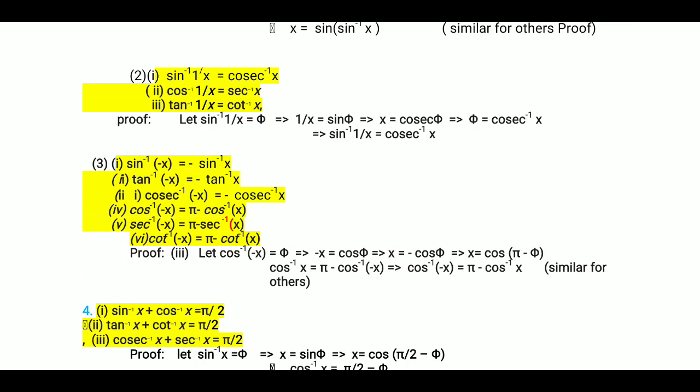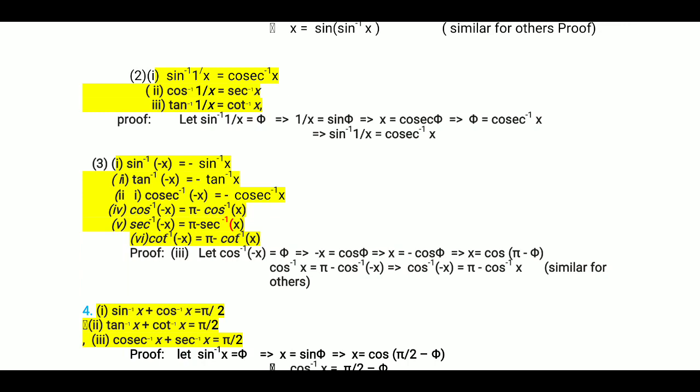That means x is equal to cos(pi minus phi). We see the principal value branch of cos, that is 0 to pi, first to second quadrant, and in the second quadrant cos is negative and the value of the angle is pi minus phi.